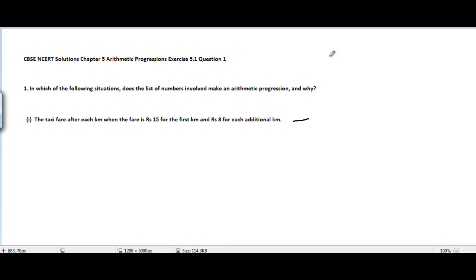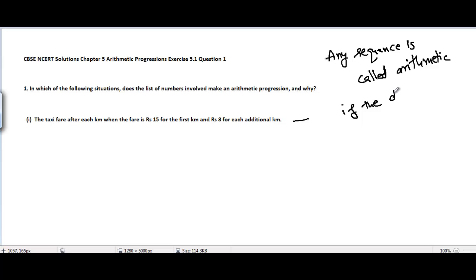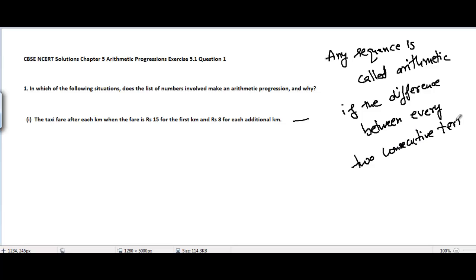Any sequence is called arithmetic progression if the difference between every two consecutive terms is constant.